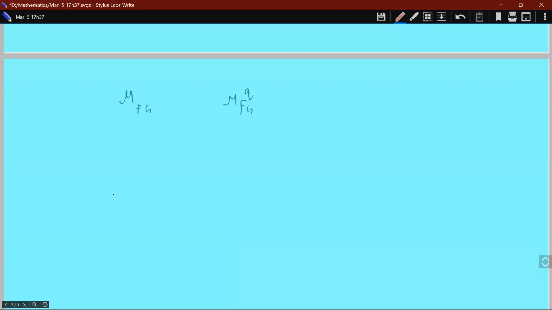So Lubin-Tate theory is basically just a deformation theory around these strata. That is the idea.